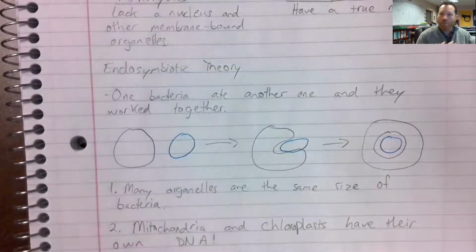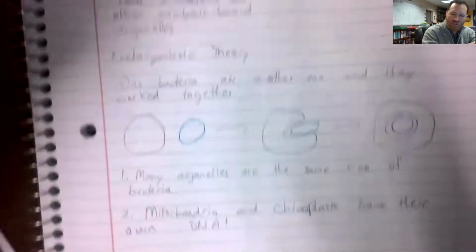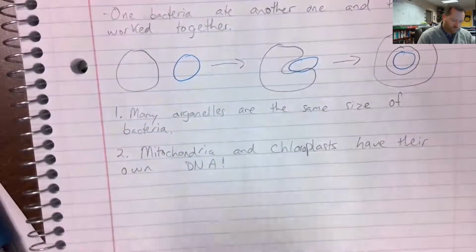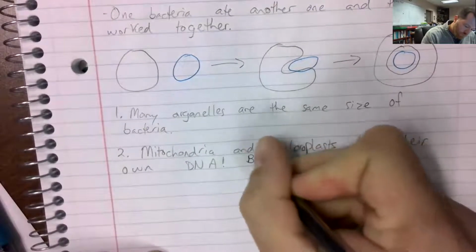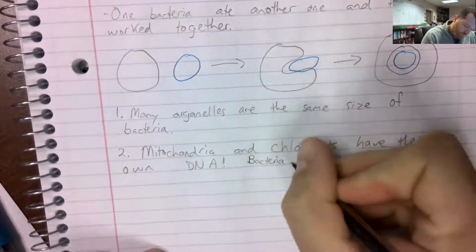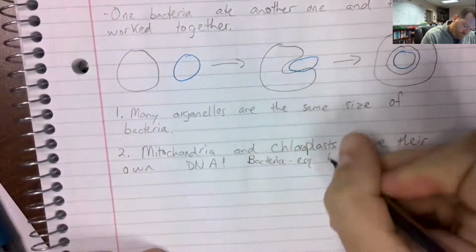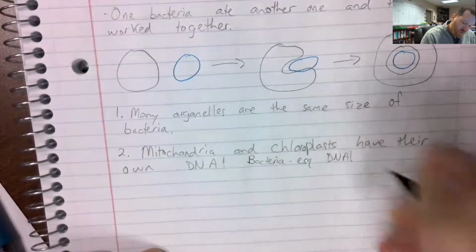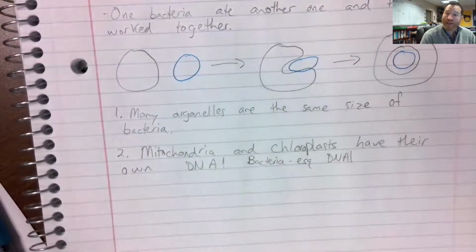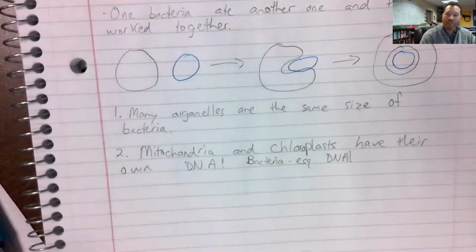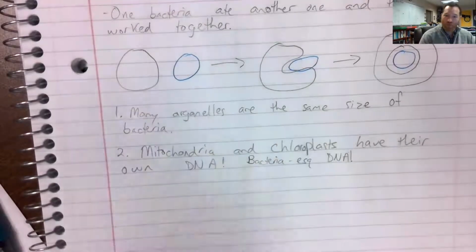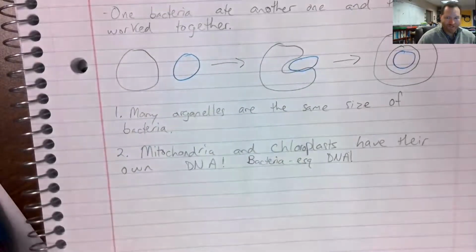So it's separate from the nucleus, and they actually make their own proteins. And to boot, it's bacteria-esque DNA too. It's a lot like the DNA you would find in a bacteria. So mitochondria and chloroplasts have their own DNA. Well, that's interesting.